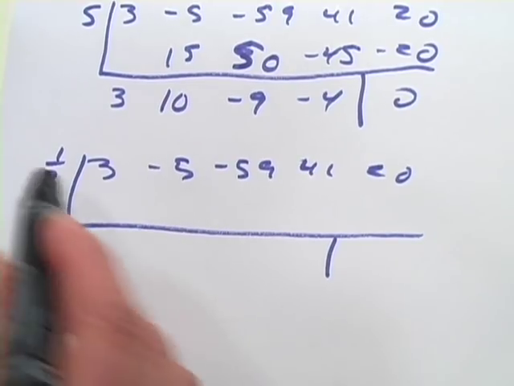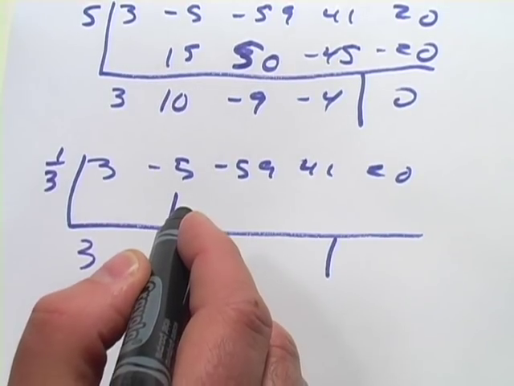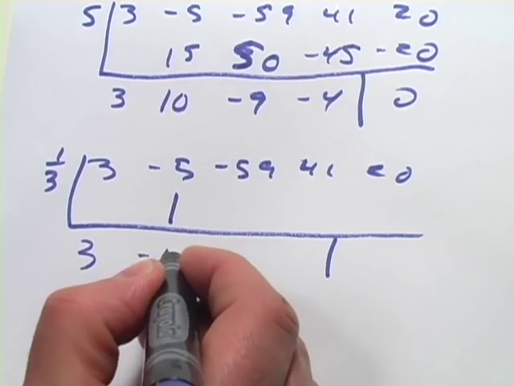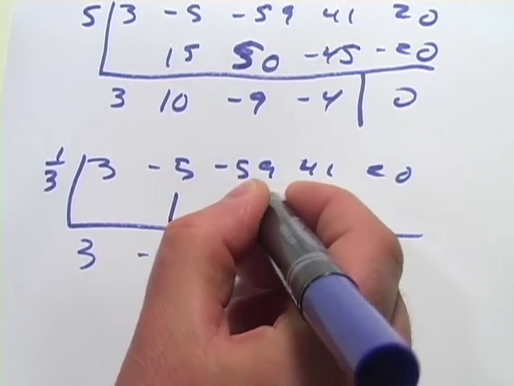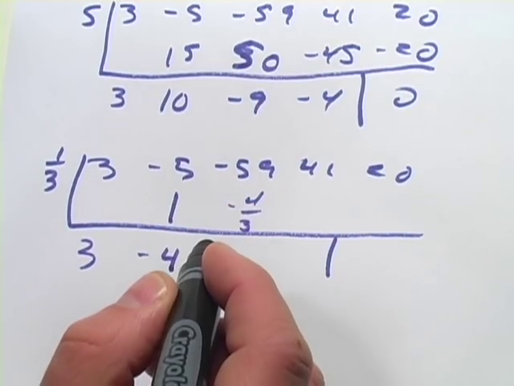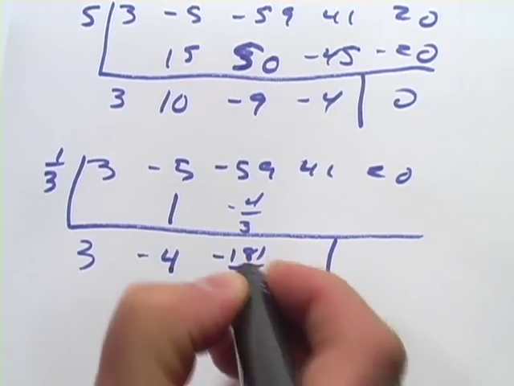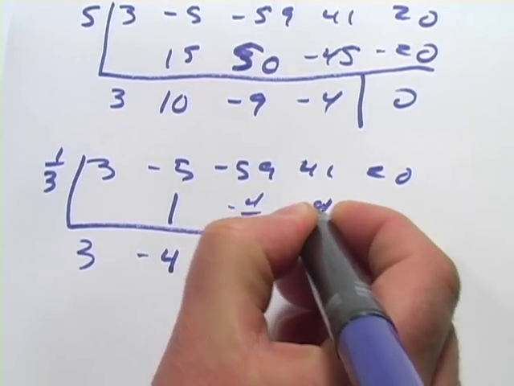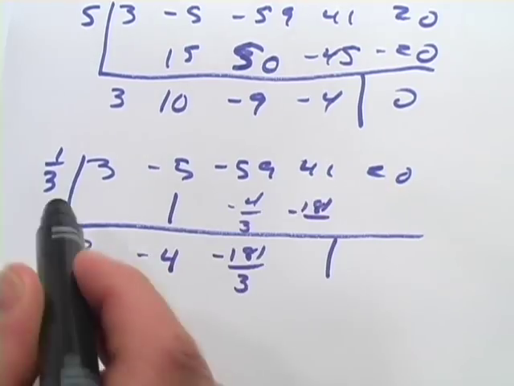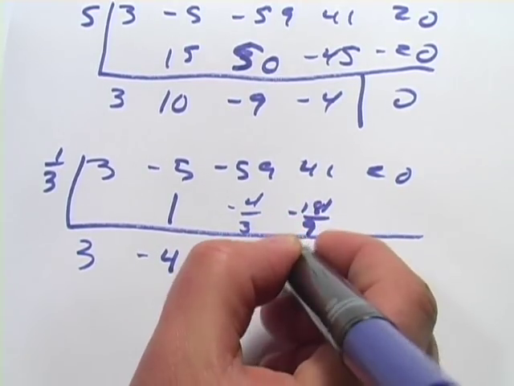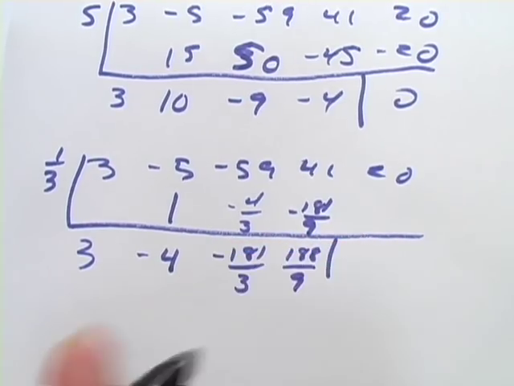So bring the 3 down. Times 1/3 is 1. So that's -4, so that's -4/3 here. And let's see, this would be -181/3. Times 1/3, that's going to be -181/9. Then 188/9, multiply that by 1/3.